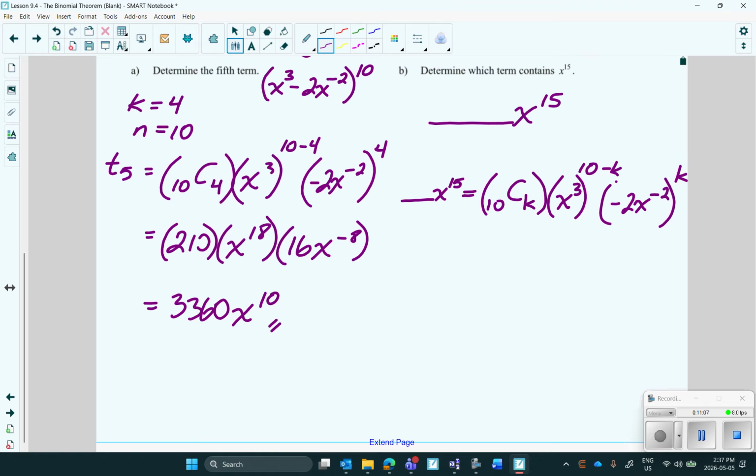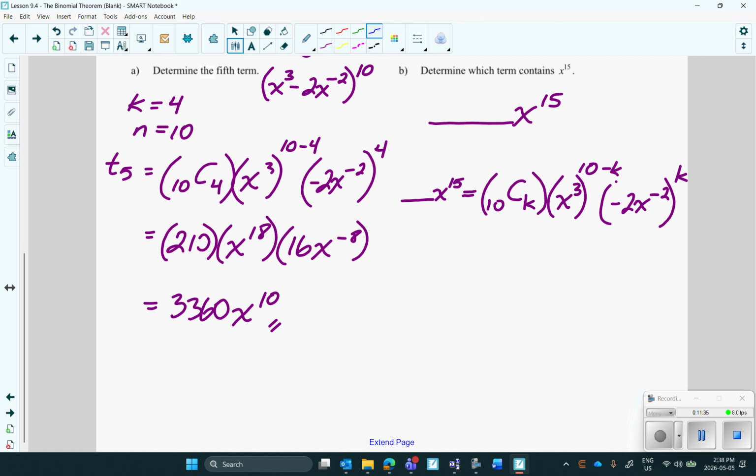Well, we've been solving equations where the unknown has been in an exponent. We've been doing these. First thing, it doesn't matter what the numbers are in front. That's irrelevant. All I care about is how this and this work out to x to the 15th.